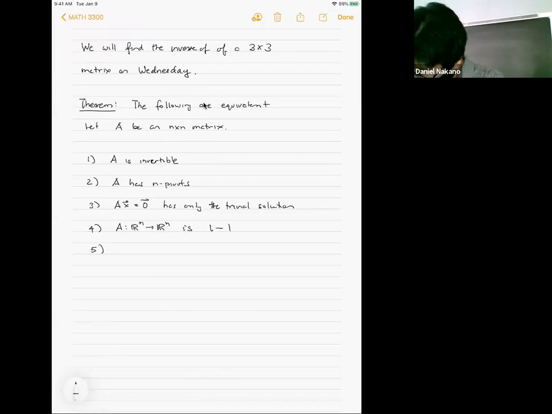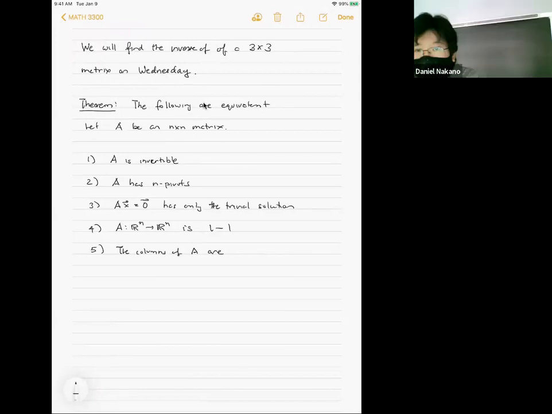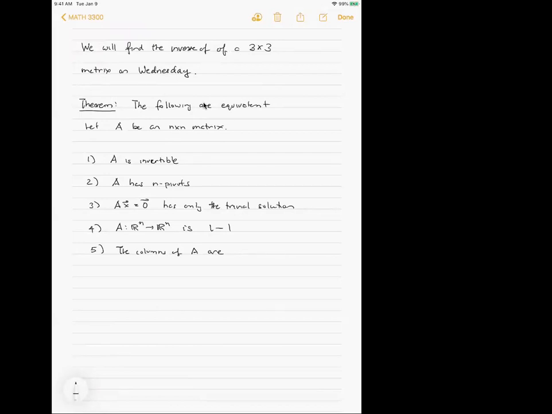Equivalently, the columns of A are, okay, someone fill in the blank. Linear combinations. Almost. Are they dependent or independent? Independent. Yeah. Good.